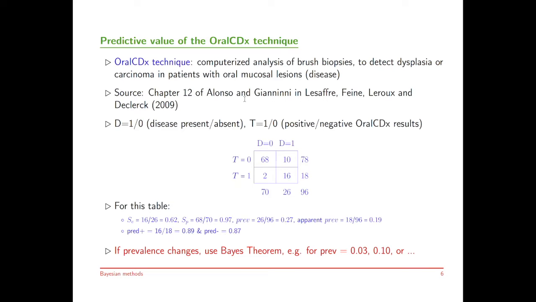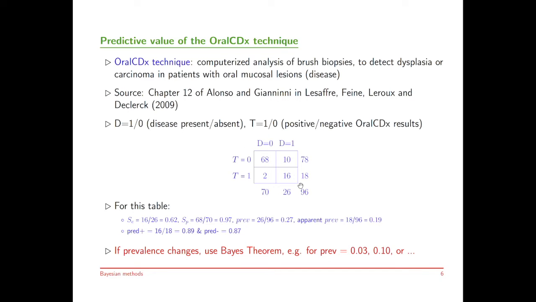As an example, let's look at the computerized analysis of brush biopsies to detect dysplasia or carcinoma in patients with oral mucosal lesions, which is the disease, and the diagnostic test is the oral CDX test. This can be found in our book on dental statistical methods, published in 2009.